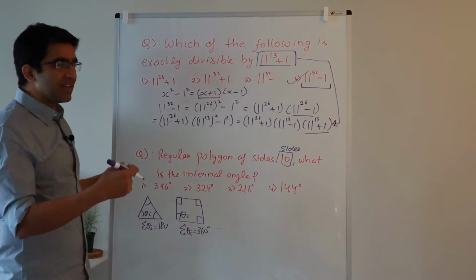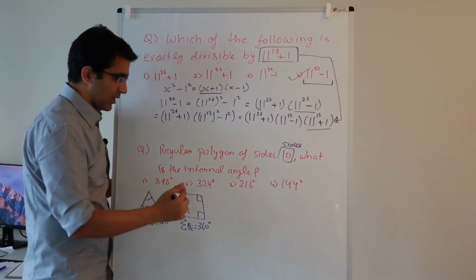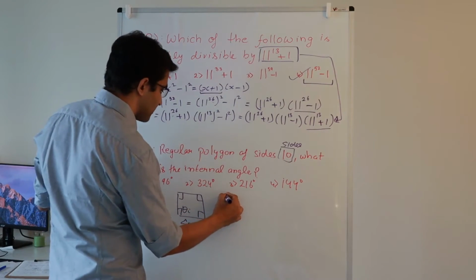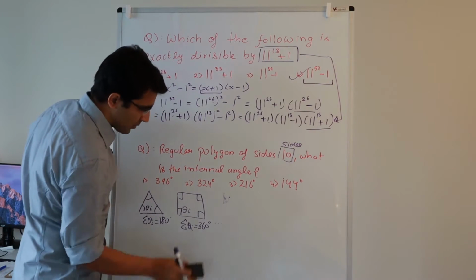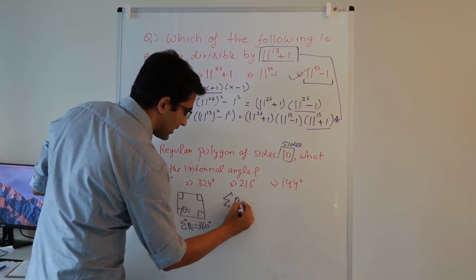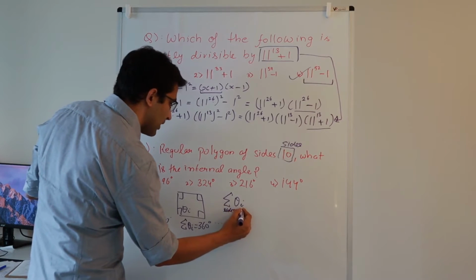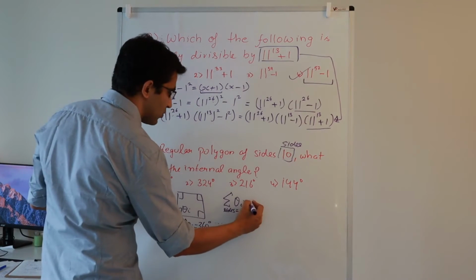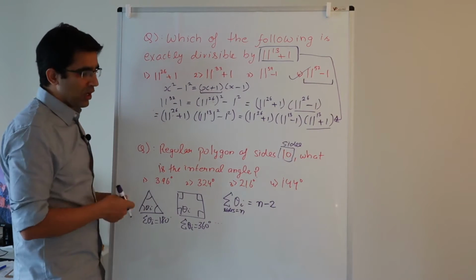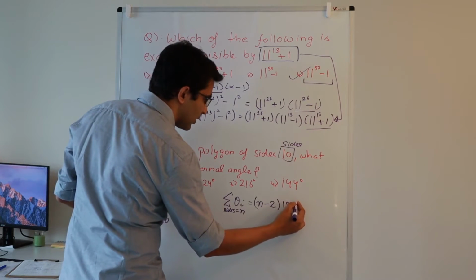So what happens is, after 2, every side that you add adds another 180 degrees. So the general formula for the sum of all internal angles for a polygon of n sides is very simple: it is n minus 2, because with 2 you cannot form any polygon, and then you multiply this with 180 degrees.